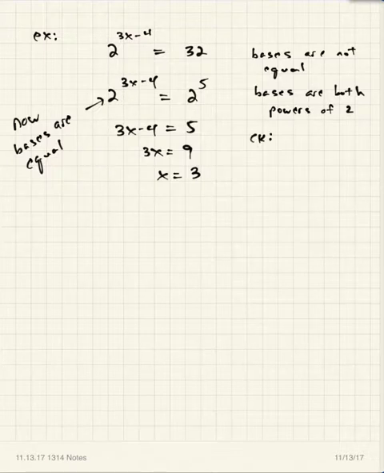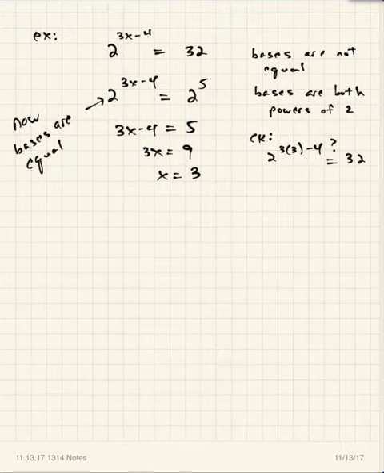I think it's a good idea to check these kinds of problems just because it's easy to make a common careless mistake in these exponent kind of problems. Okay, so if we substitute 3 in place of x, sure enough, what do we get here? We get 2 to the 5th power equals 32, which is true. All right, so that seemed to be okay.